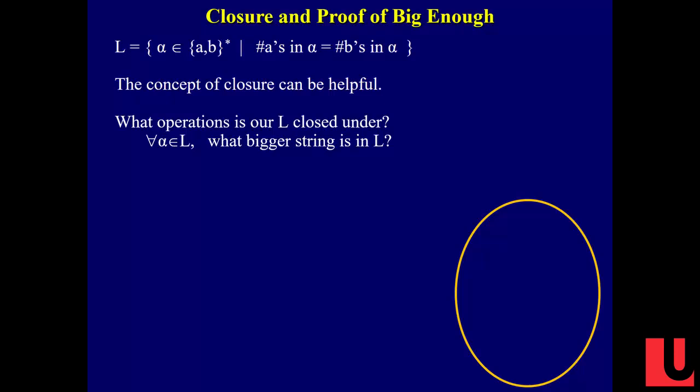What are we going to concatenate on? Yeah, we can concatenate. If alpha has the same number of A's and B's, then A alpha B does, and B alpha A, and A B alpha, and all of these have the same number of A's and B's.